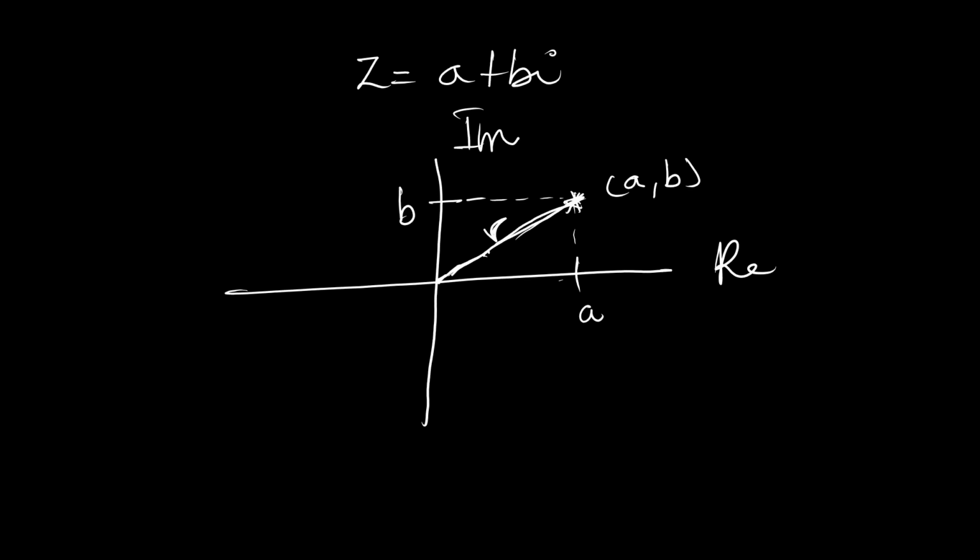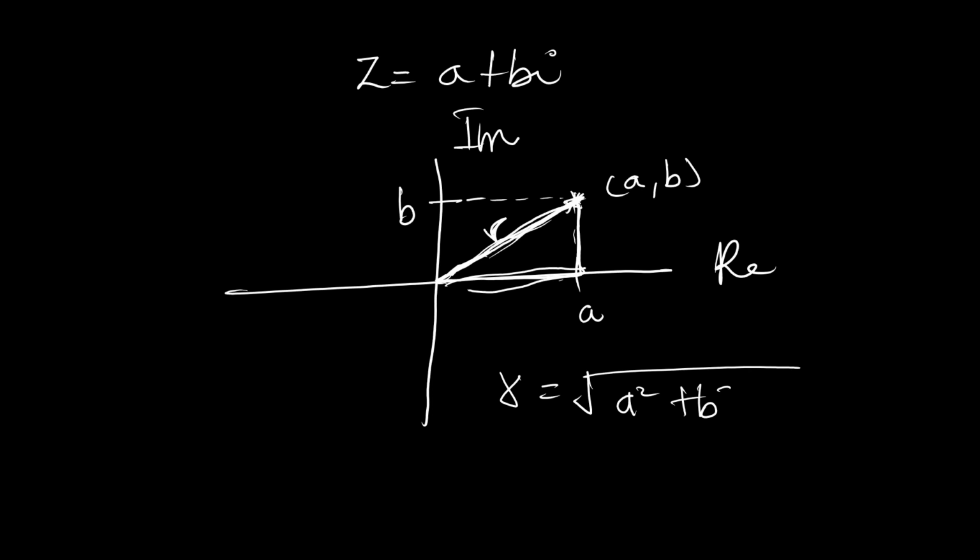The reason why we had the square root of the real part squared plus the imaginary part squared is that this is going to form a right angle triangle, and the modulus will form the hypotenuse of the right angle triangle here. So by Pythagoras theorem, we are going to get R equals the square root of a squared plus b squared.